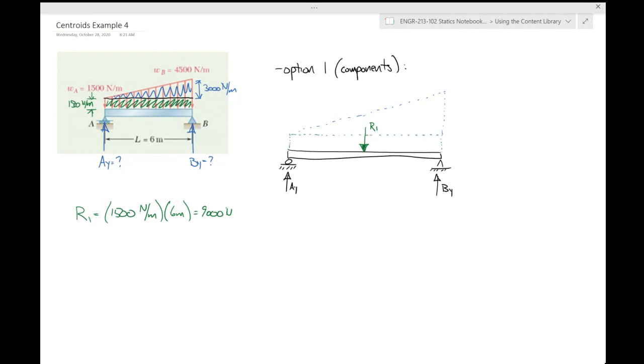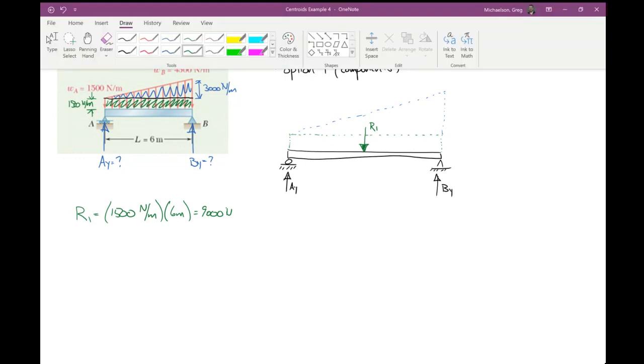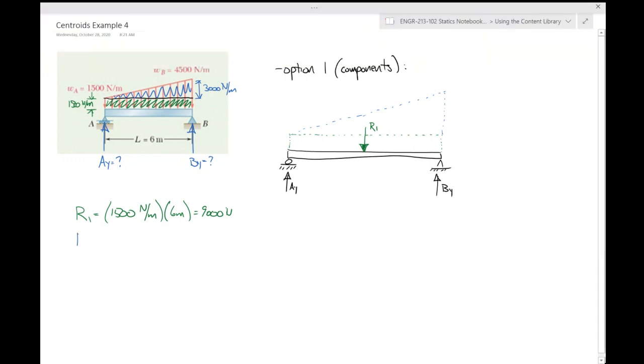So if you're thinking about it in terms of areas, what's the area of the triangle? What would R2 be? If I had a resultant for this, what would the area of that triangle be?